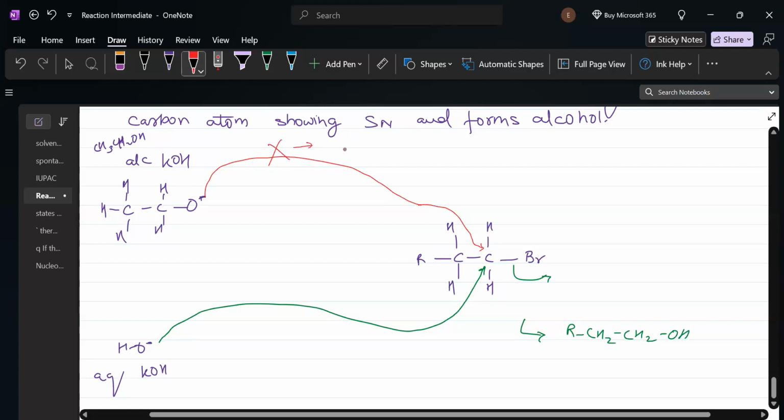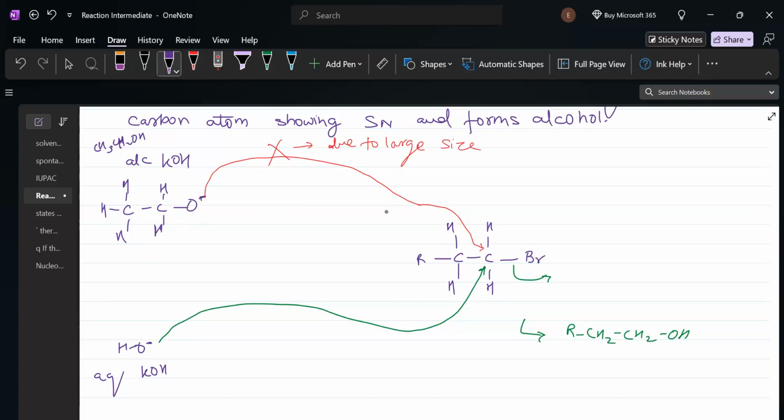Why? Due to large size. This whole group is very big compared to OH minus, and there is very little space present here, so it cannot attack this carbon.